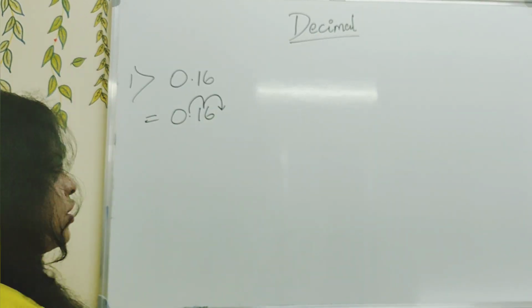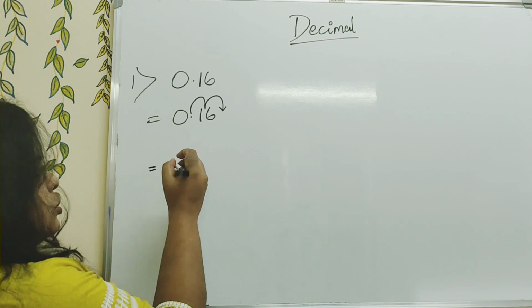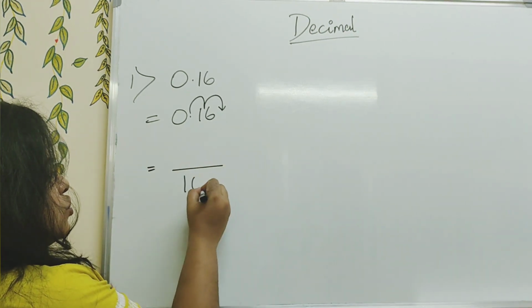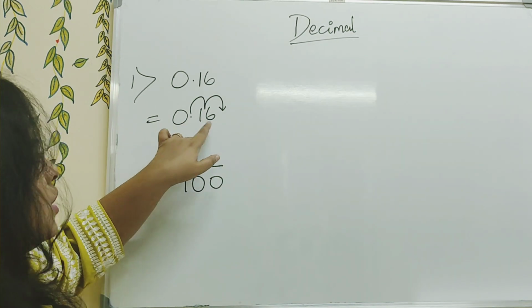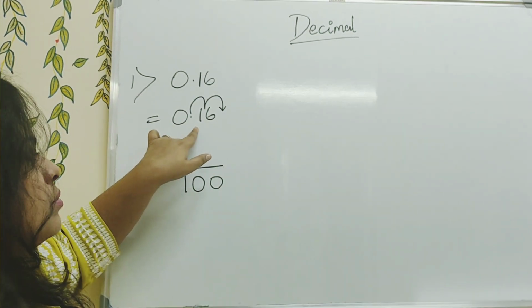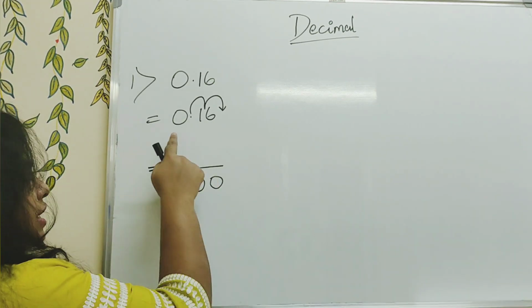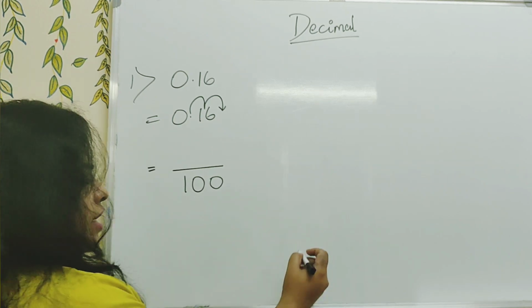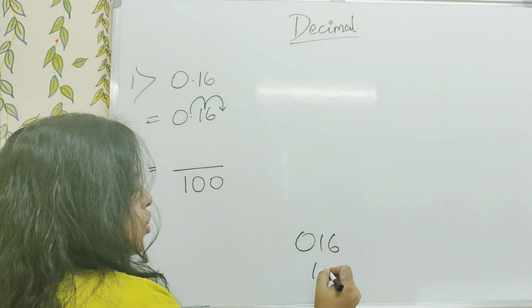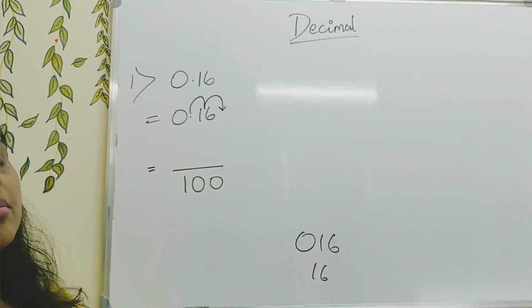So there are 2 arrow marks. When there are 2 arrow marks, it means there are 2 zeros. In other terms, after the point, how many numbers follow? There are 2 numbers, 1 and 6. So there are 2 zeros. Then we write the number as it is. If you are getting confused whether to write 016 or 16, just write the number as it is.